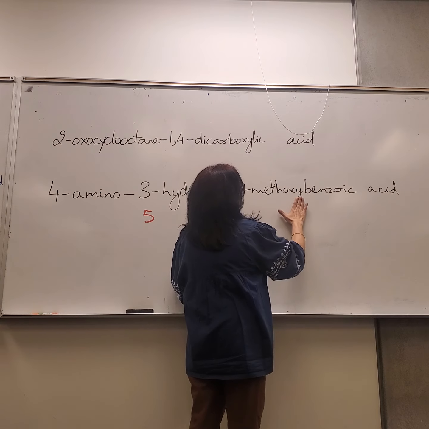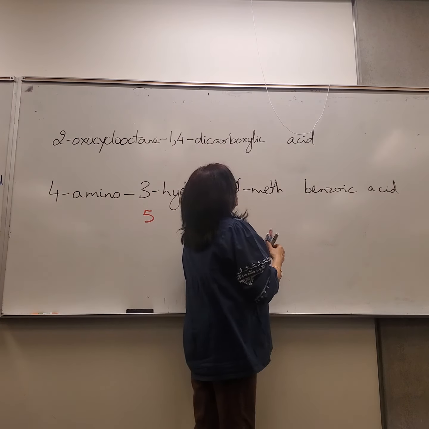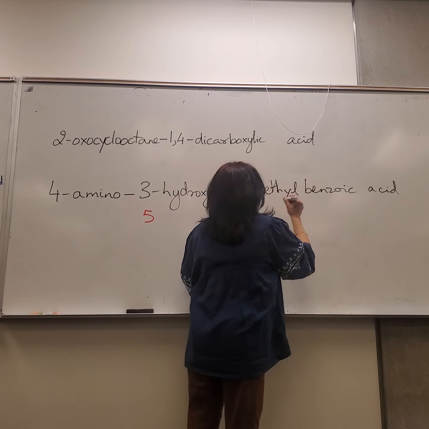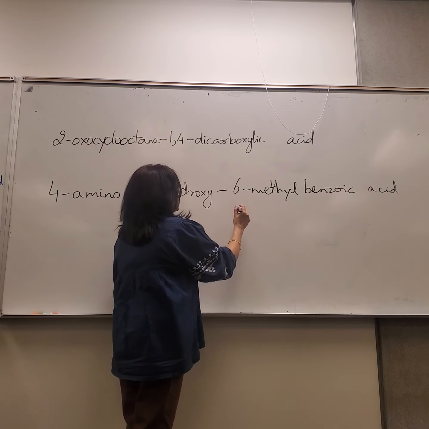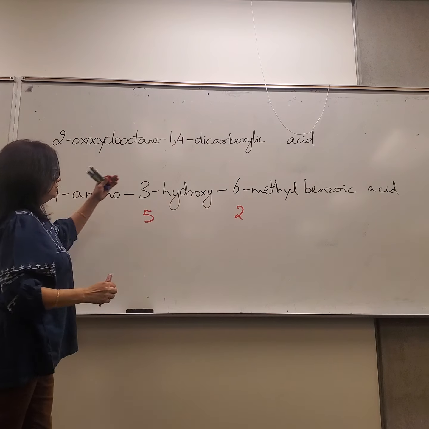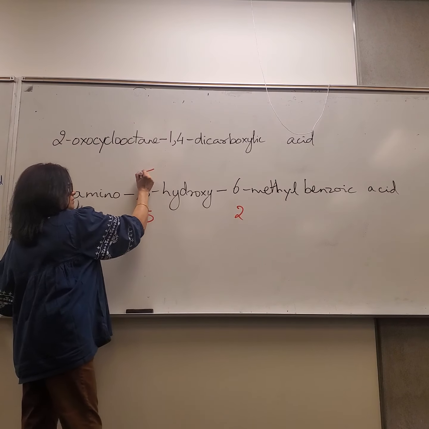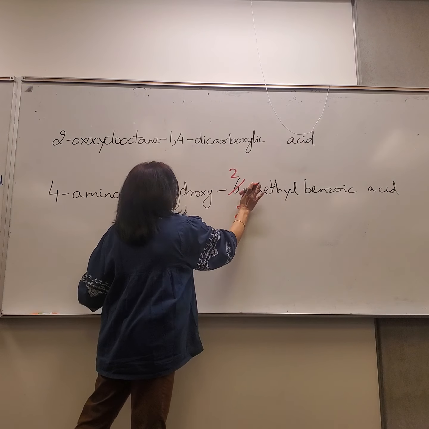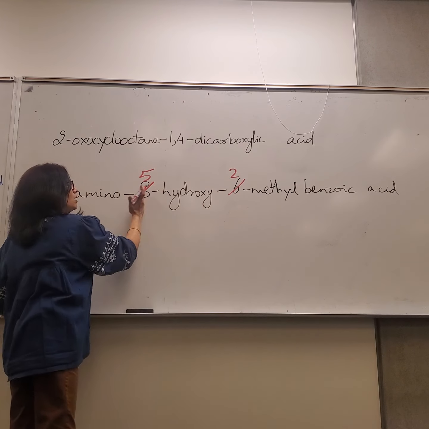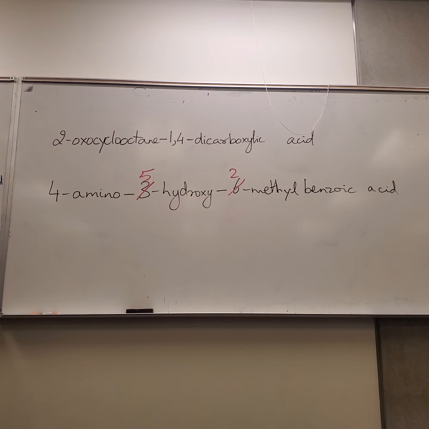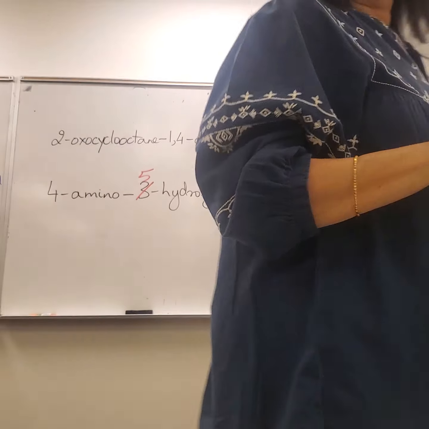This is not methoxy, this is methyl, right? Methyl, yeah. That would be 2. So which is a better combination? 2, 4, 5. So this one? Yes. So you do have to pick the smallest combination of numbers. You got a number from the other side. Yeah. 4 amino, 5 hydroxy, 2 methyl, benzoic acid.